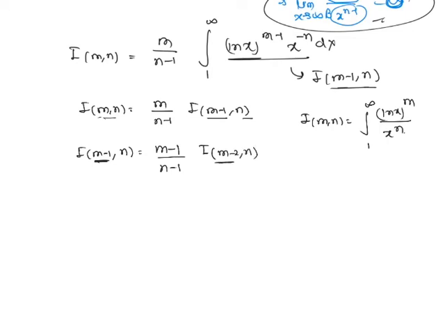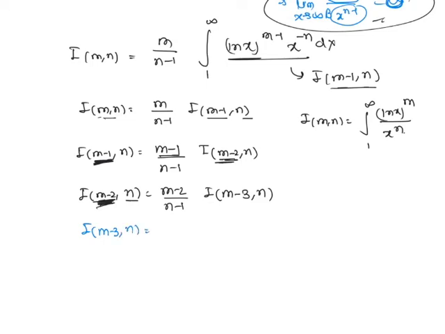Similarly I(m-2, n) will come out (m-2) upon (n-1) I(m-3, n). Similarly I(m-3, n) will come out (m-3) divided by (n-1) I(m-4, n).